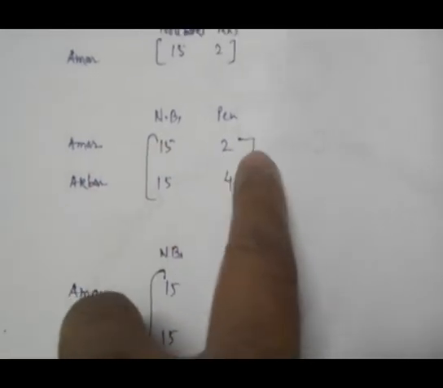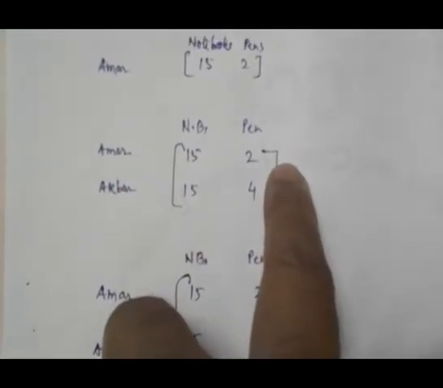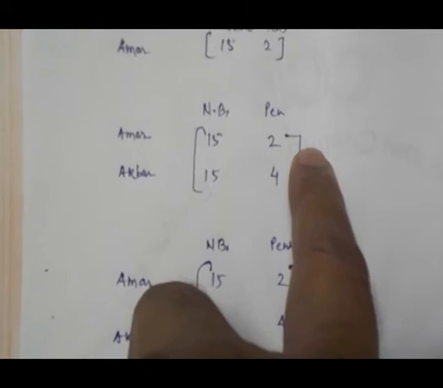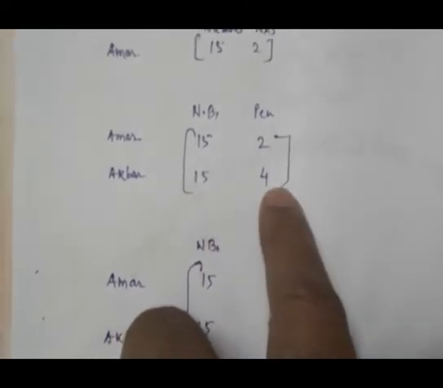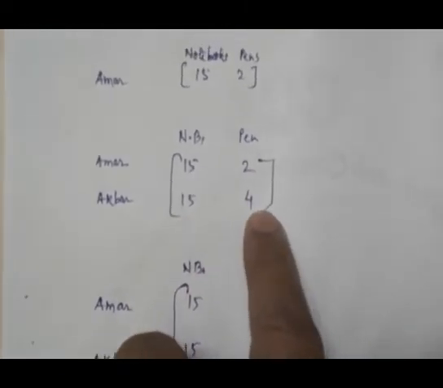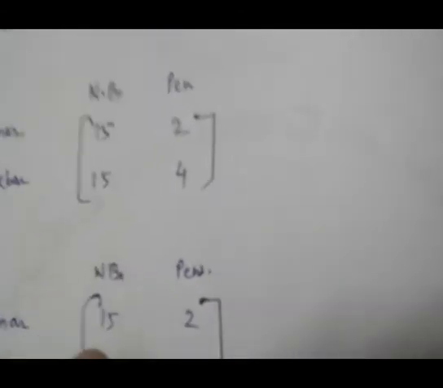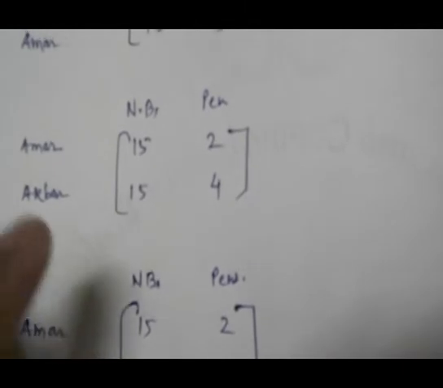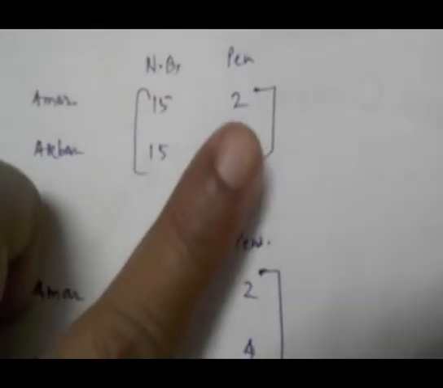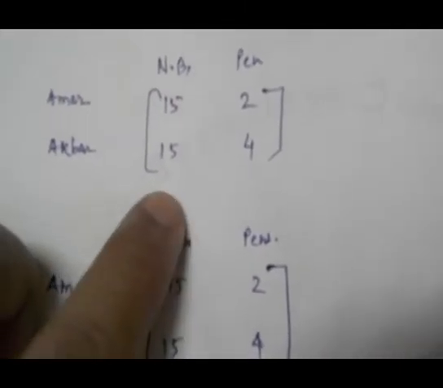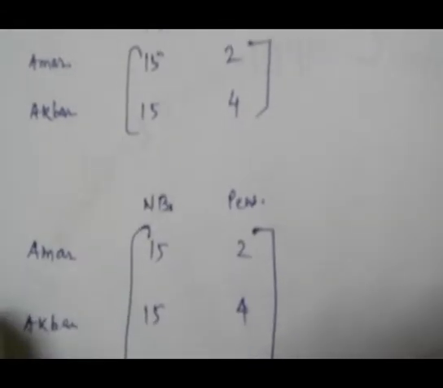The first row is for Amar, the second row for Akbar. First column for notebooks, second column for pens. So Amar had 15 notebooks and 2 pens, Akbar had 15 notebooks and 4 pens.